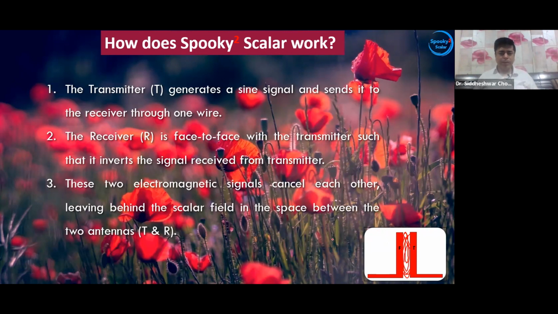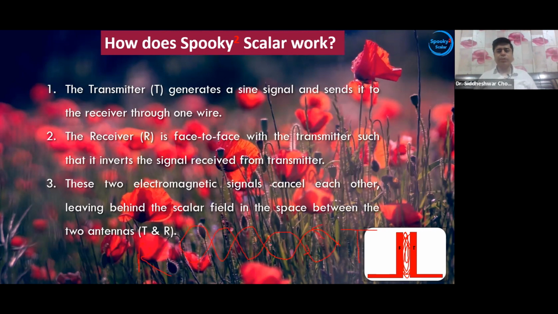So you can see here, the transmitter sends a signal to the receiver. This is the receiver and this is the transmitter, and then the receiver sends exactly the opposite signal such that the signal gets cancelled out, right?